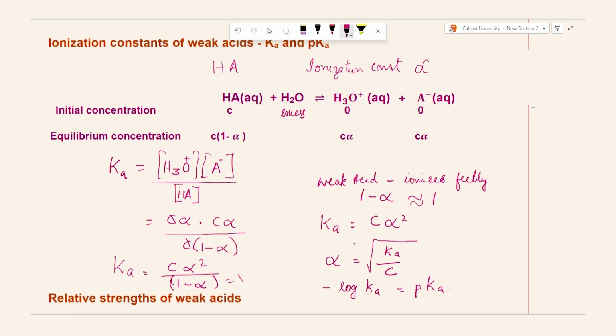Now, let us go for the explanation. What happens when concentration increases? When concentration increases, alpha decreases, which means that at higher concentrations the dissociation is very little, and if concentration decreases, that is, in dilute solution, the ionization is highly increased.